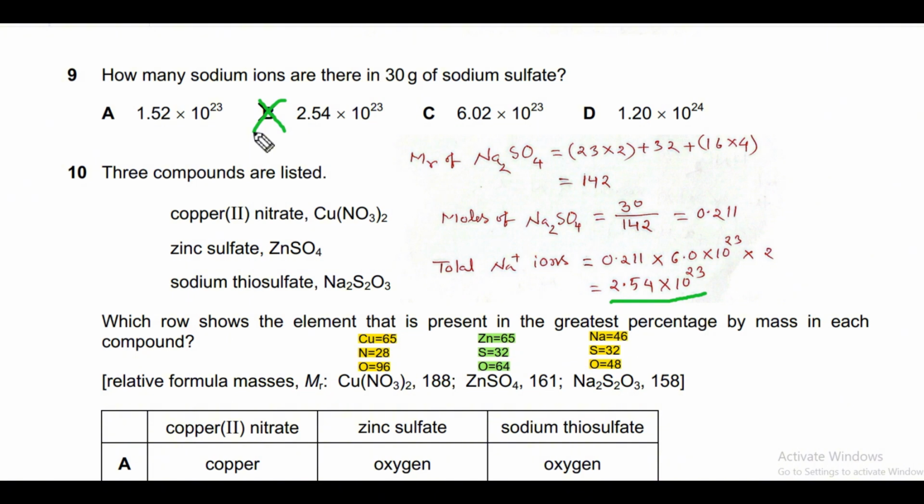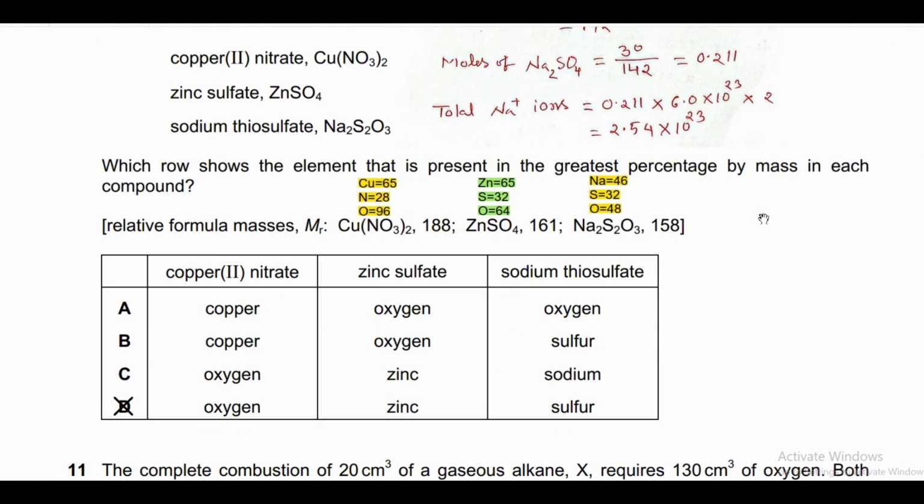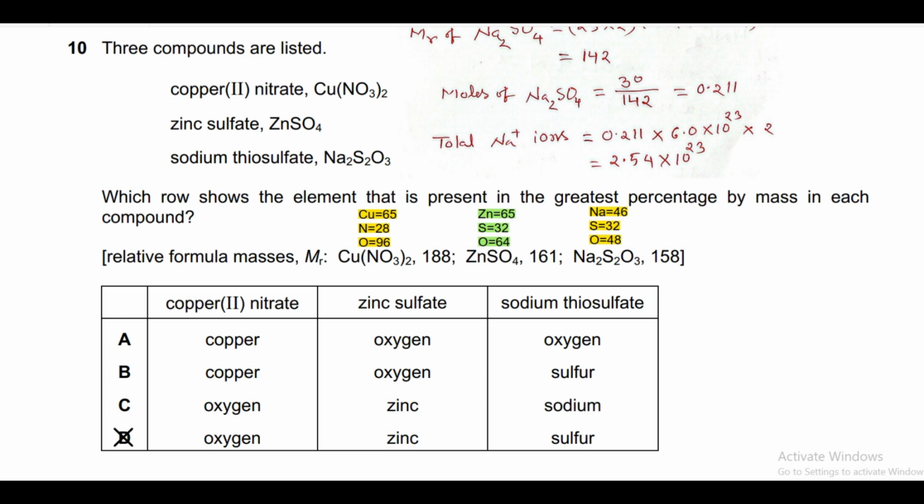Then number 10. Three compounds are listed: copper 2 nitrate, zinc sulfate, sodium thiosulfate. Which row shows the element that is present in the greatest percentage by mass in each compound? Greatest percentage by mass.